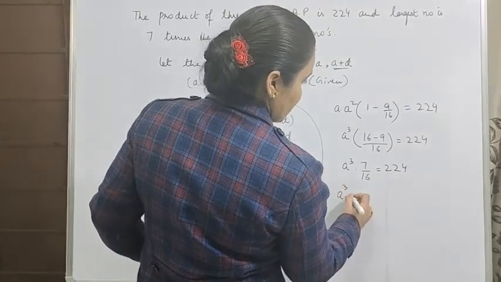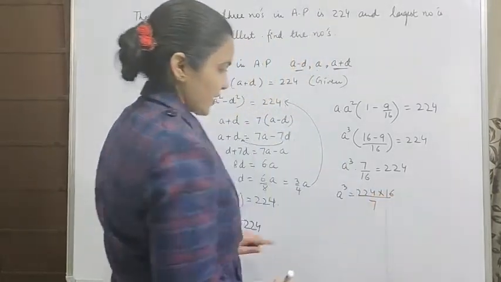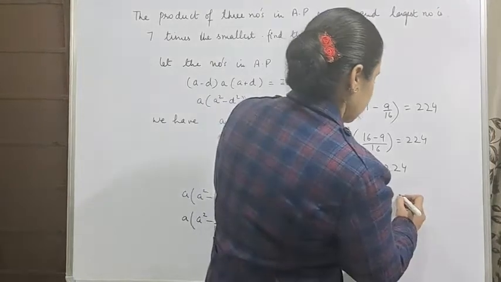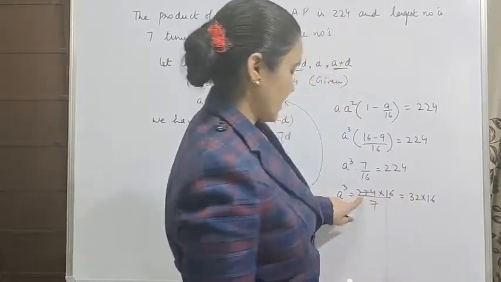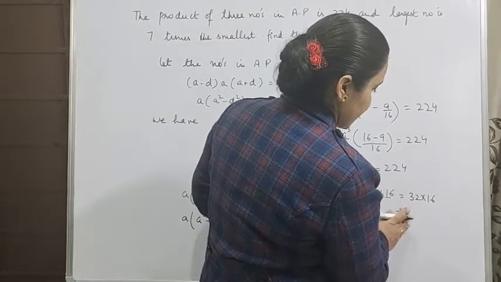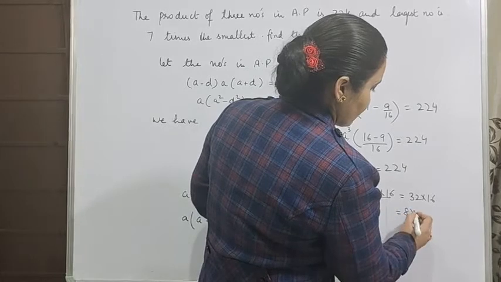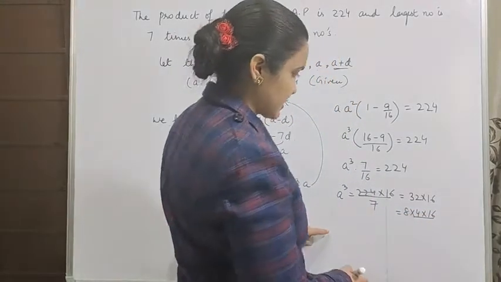So we have a cube as 224 into 16 upon 7. So this is 32 into 16, as 7 cancels. 32 can be written as 8 into 4 into 16. 16 into 4 can be written as 64.